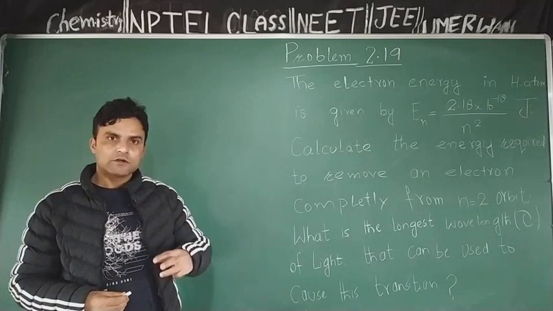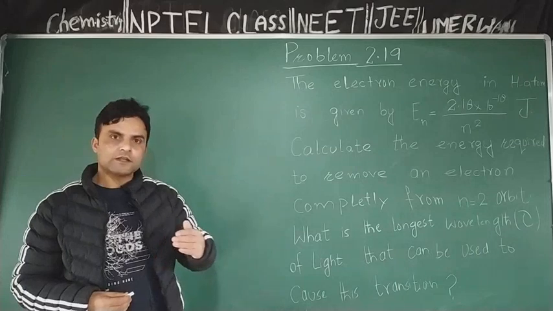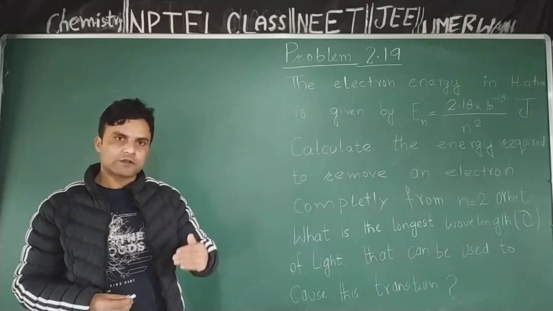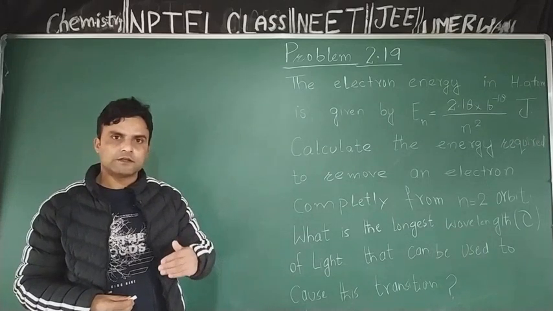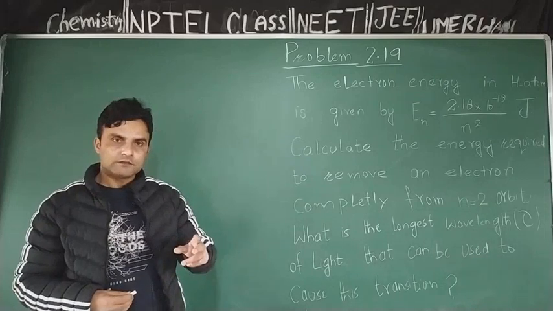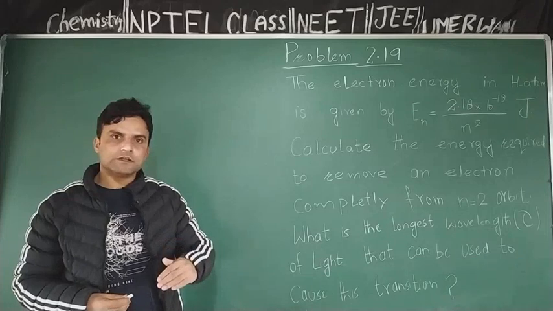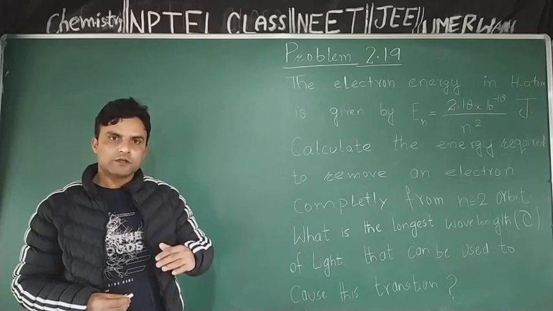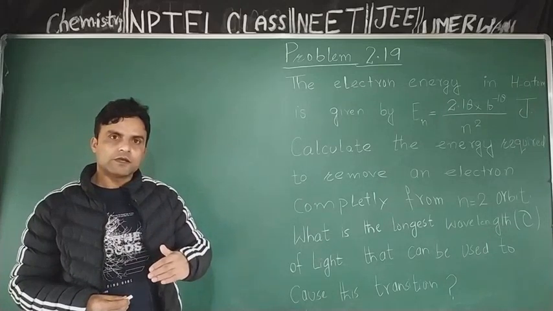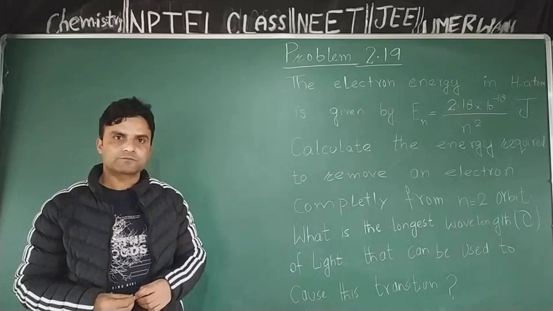Then third thing, we need to calculate what is the energy difference between energy of electron at infinite orbit and energy of electron at n is equal to 2 second orbit. And this energy difference will be basically the energy required in order to cause this transition, in order to remove an electron which is present in second orbit of excited hydrogen atom.